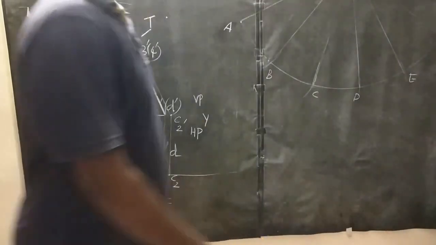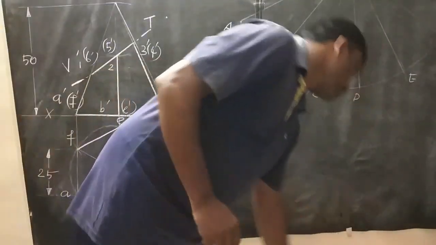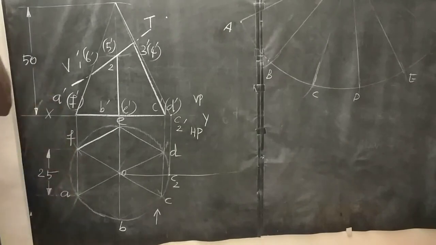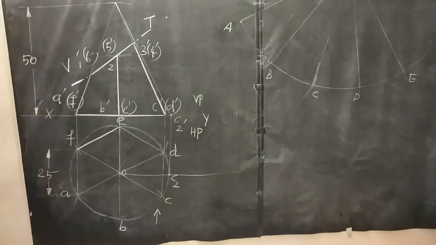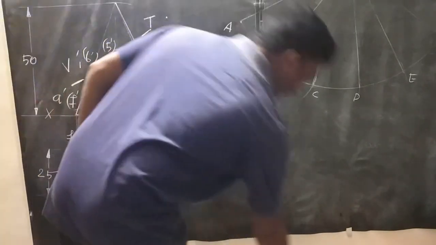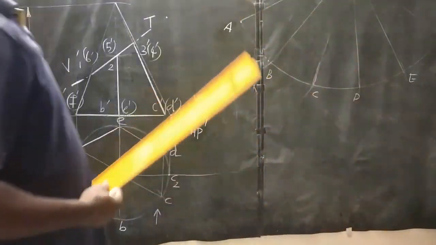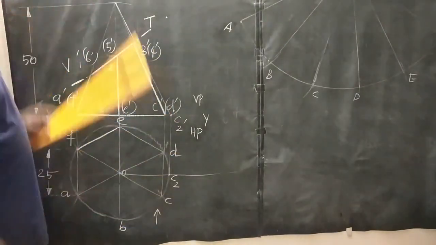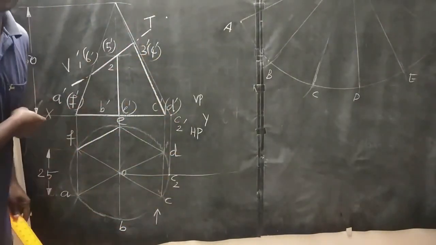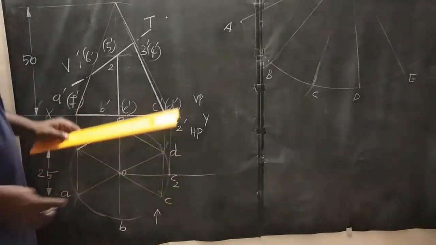Now see here, all the cutting points on this slant edge transfer to your true slant edge length. After drawing this development, come to your stage 1. Here we have 6 cutting points. All the cutting points transfer to your true slant edge length.